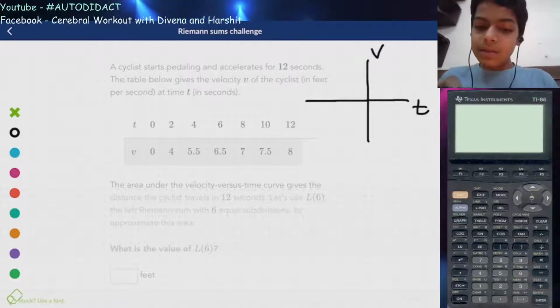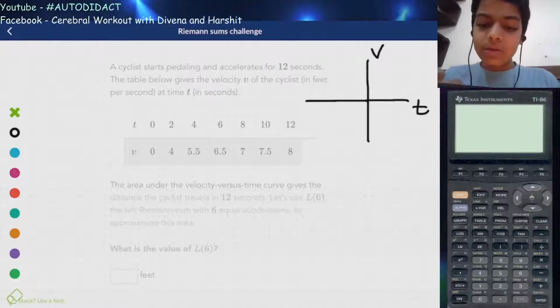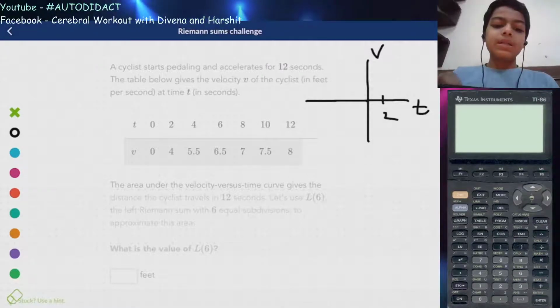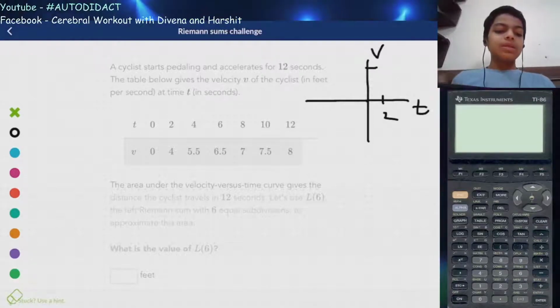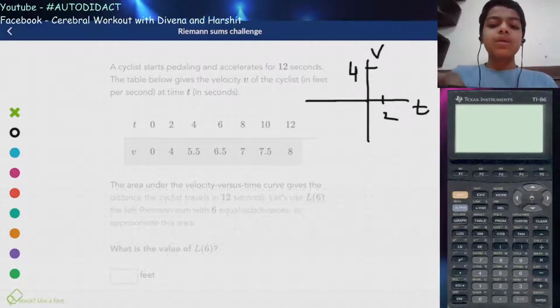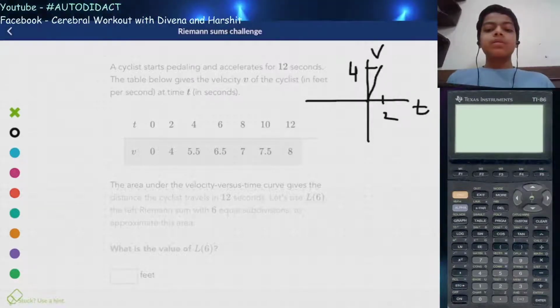So we connect the dots like this, and this will be the graph.